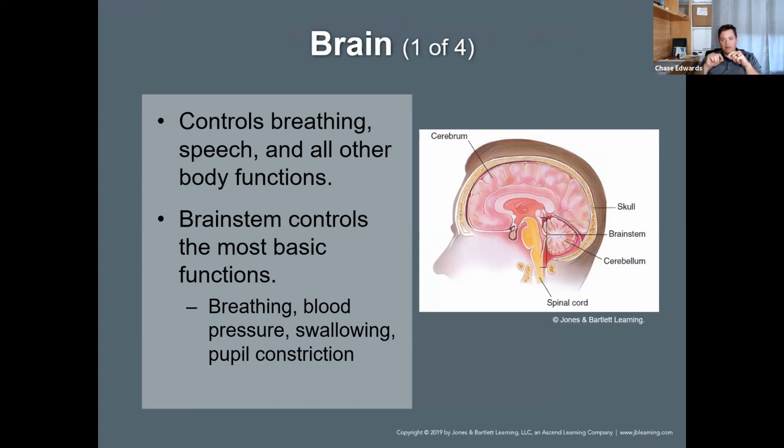Different parts of the brain perform different functions. Three major parts of the brain are your brainstem, your cerebellum, and the cerebrum. The cerebrum is the largest part of the brain. The brainstem controls the most basic functions, like your breathing, blood pressure, swallowing, pupil constriction, things like that.